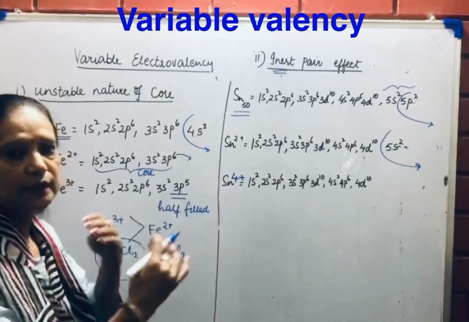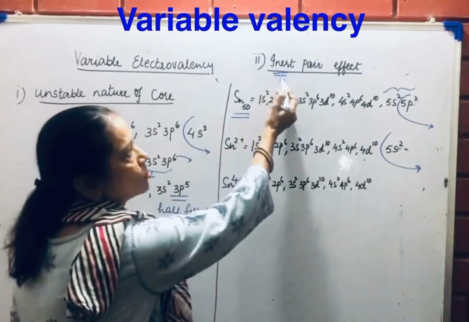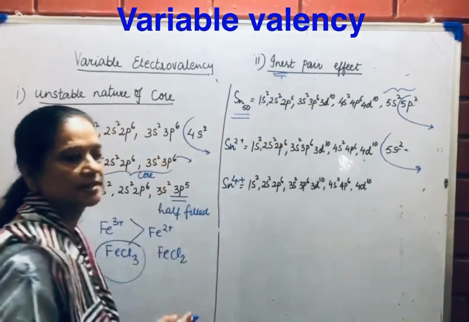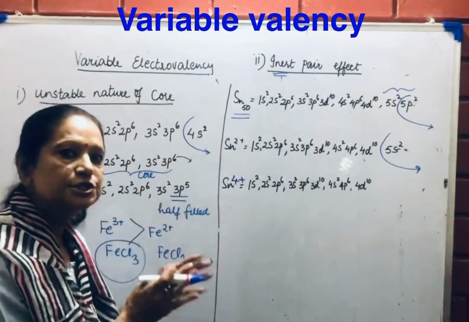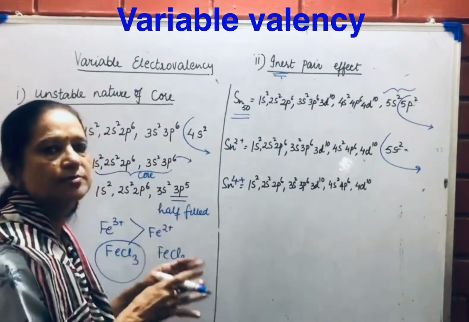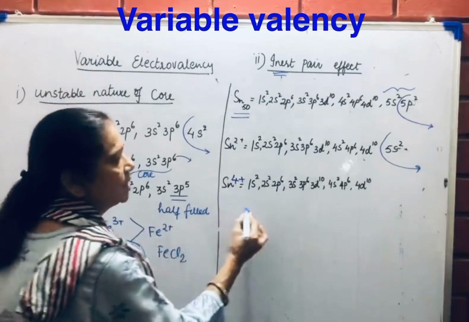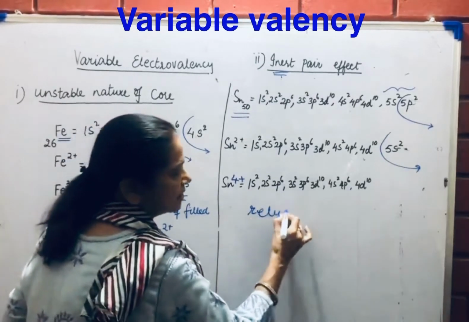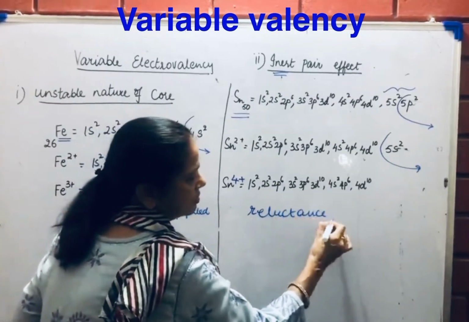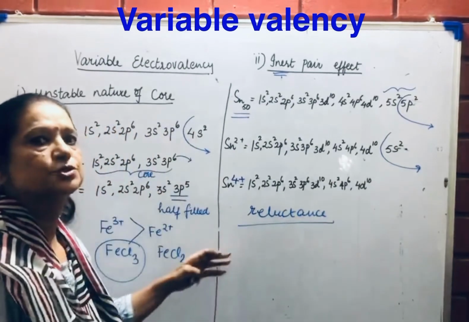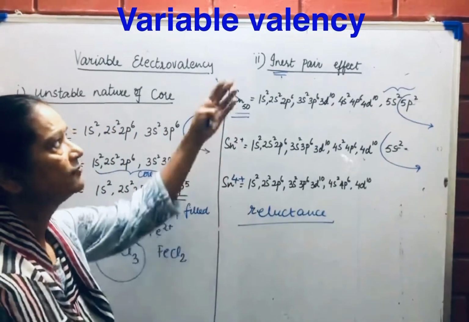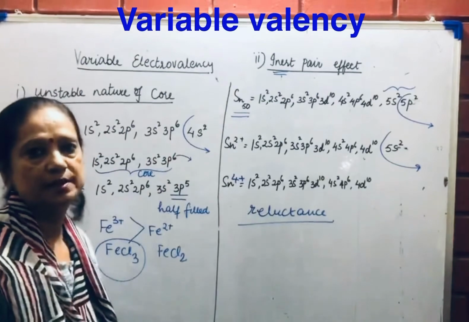It is losing in 2 steps, that is why it is called inert pair effect. That is, one pair of electrons initially is inert, does not take part in bonding. So we say this is the reluctance of the pair of electrons to participate in bonding, which is called inert pair effect.